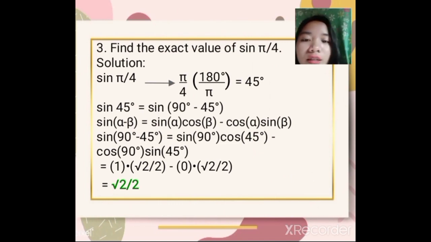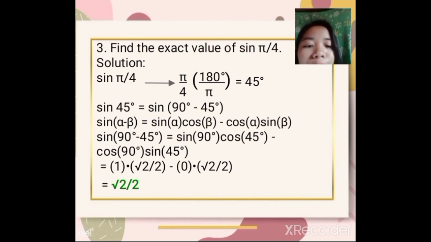So for example number 3, we have find the exact value of sine pi over 4. So first, we will convert this radian into degrees. To convert it, we will multiply the radian by 180 degrees over pi.